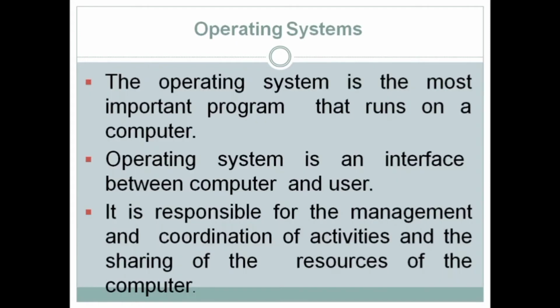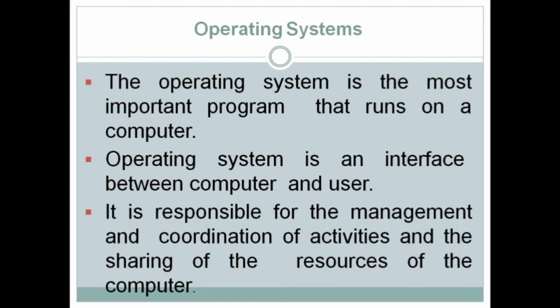Now about the operating system, we have already discussed that the operating system is a part of system software. It is the most important program that runs on a computer. The operating system is an interface between the computer and the user. The first basic need of our computer hardware is the operating system.